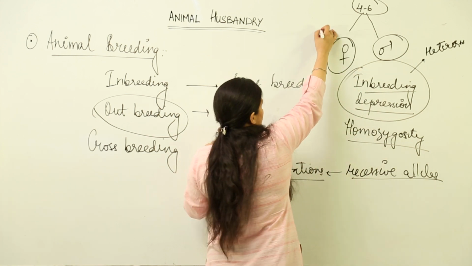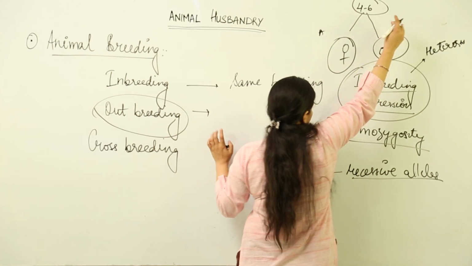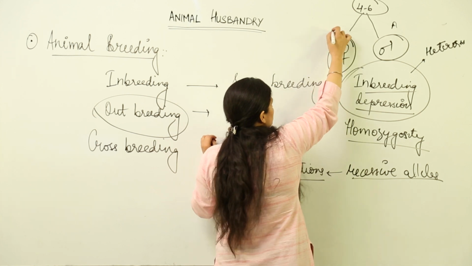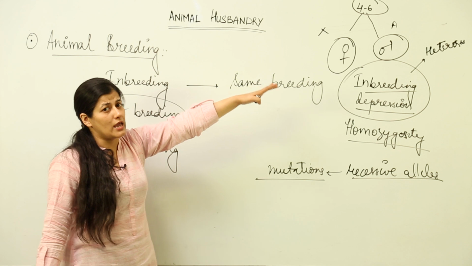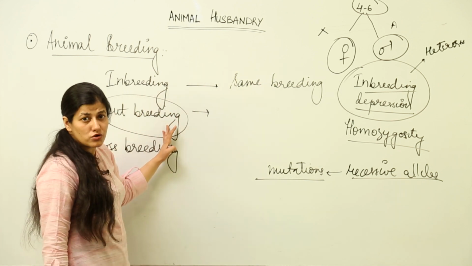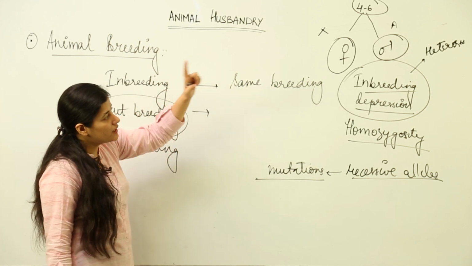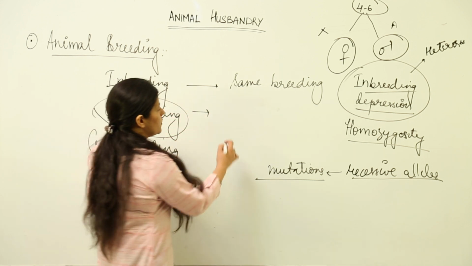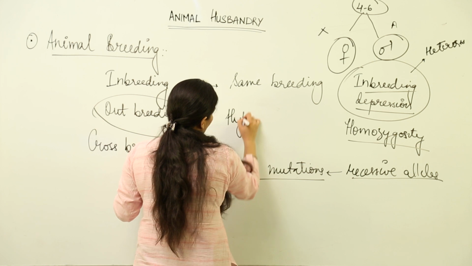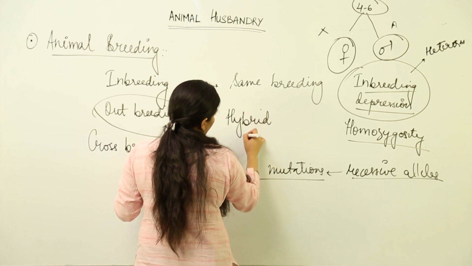In the previous case, both belonged to breed A. Now it is going to be different: the female would belong to X breed while the male would belong to A breed. That is known as outcrossing, and outcrossing brings back heterosis. Heterosis is responsible for restoring hybrid vigor.